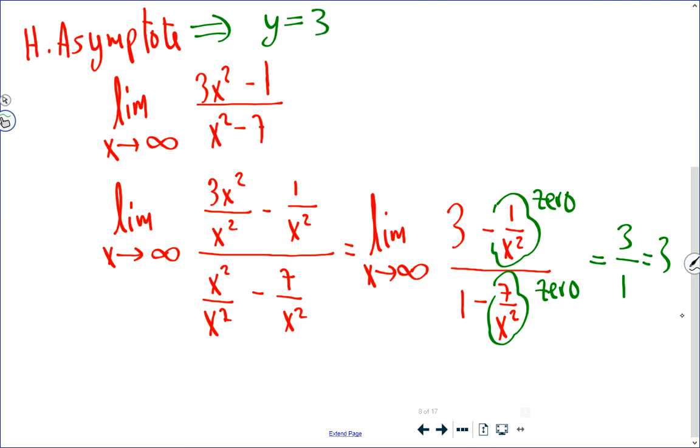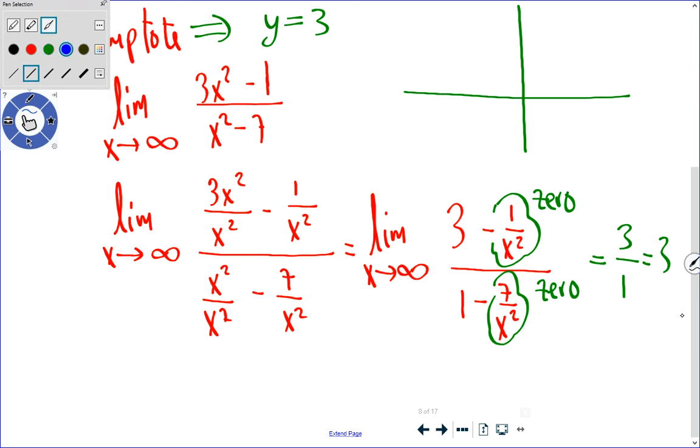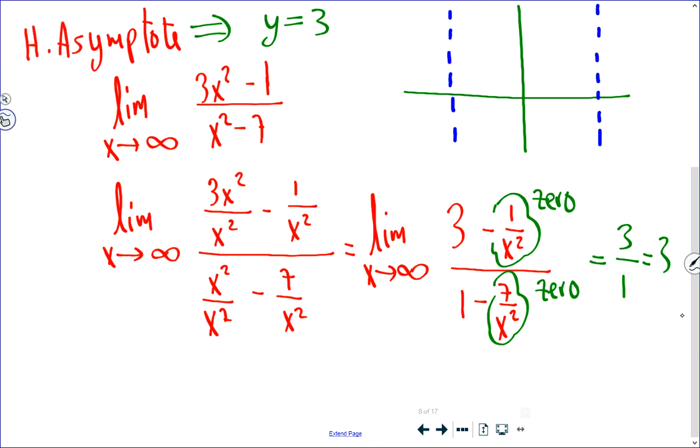What this graph will look like based on what we have just calculated and done in this problem is at the negative of the square root of 7, you're going to have a vertical asymptote. At the positive of the square root of 7, you're going to have a vertical asymptote. At y equals 3, you're going to have a horizontal asymptote.